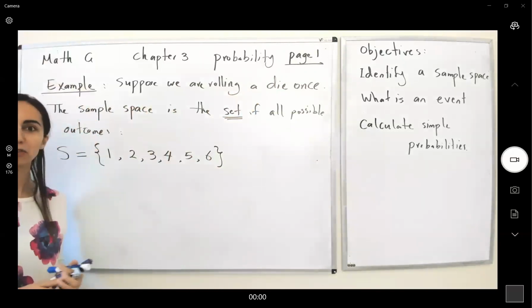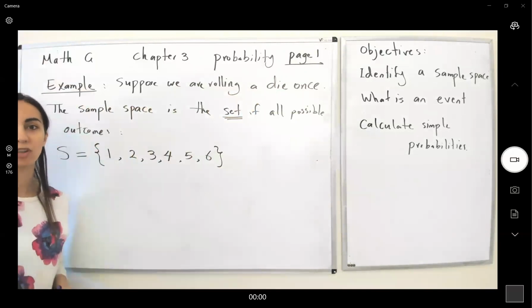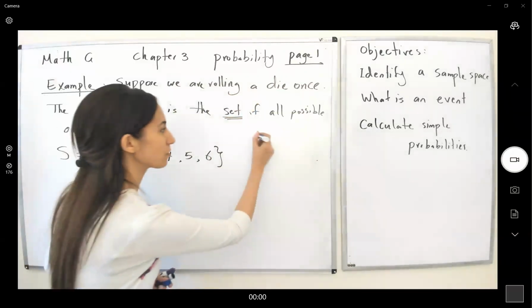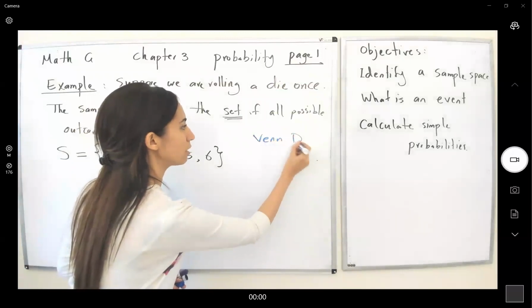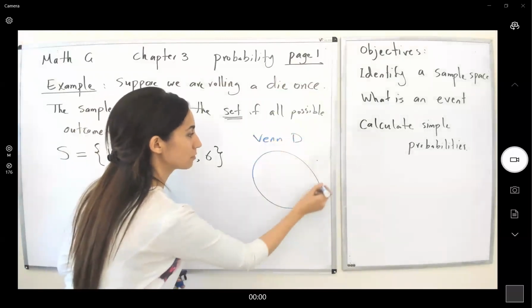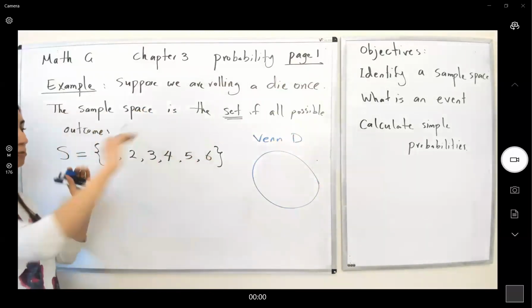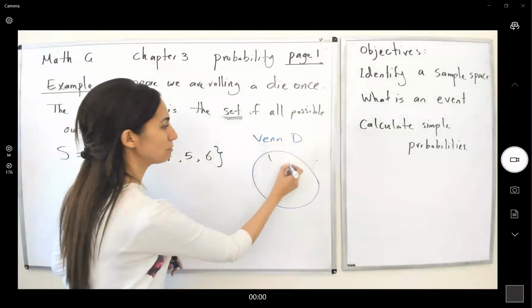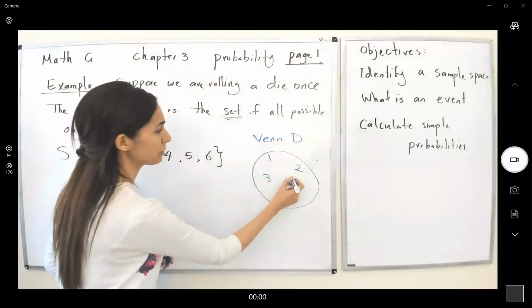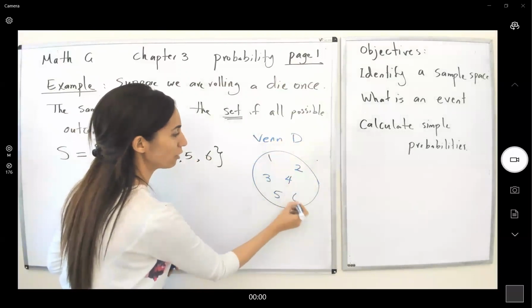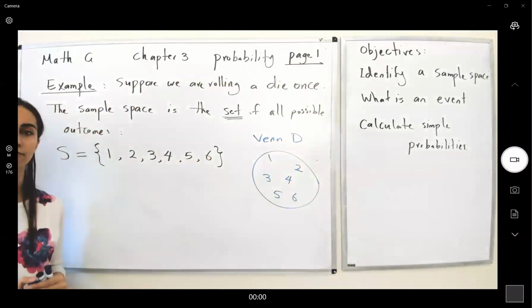Remember, you can always use a Venn diagram to visualize your sample space. We're going to list all of the possible outcomes here. 1, or 2, or 3, or 4, or 5, or 6.